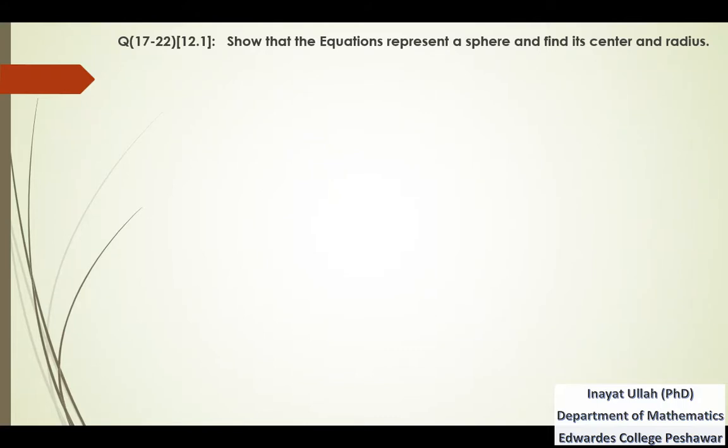Question number 17 through 22 of exercise 12.1. It asks us to show that the equations represent a sphere and find the center and radius. This kind of equation will be given to you in these questions. We are going to show that this kind of equation represents a sphere.